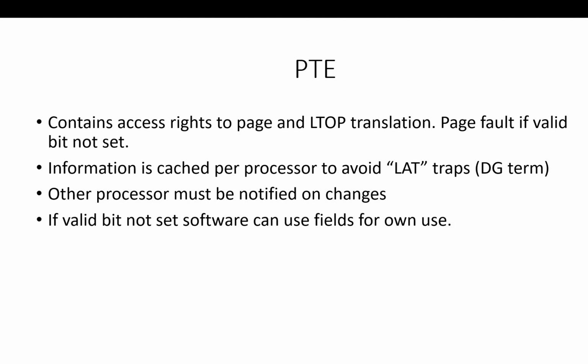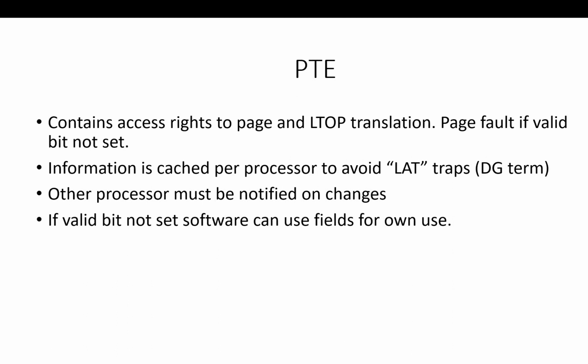It's an address translation cache. From a long time ago at Data General, if you got a cache miss, we used to call it a LAT, which is a long address translation trap. And if it's a cache miss, it'll force the microcode to go do a PTE walk and load the translation into the translation look-aside buffer.